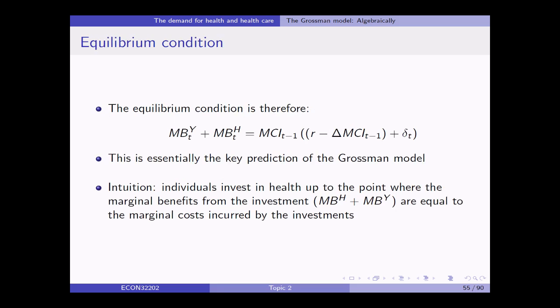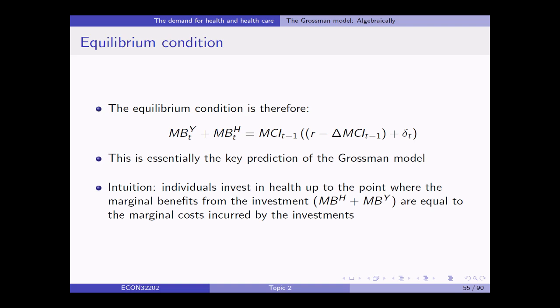So marginal benefit is essentially the marginal benefit of consumption plus the marginal benefit of production or investment. So we've got that sum, and that equals the marginal cost. So essentially the Grossman model boils down to this well-known standard prediction that the marginal benefit equals the marginal cost, but it's a little bit more complicated because the marginal benefits have two distinct elements, the marginal benefits of production and investment, and the marginal cost needs to account for the fact that we're trading off health versus consumption, and how we do that is going to affect our utility at various different time periods.